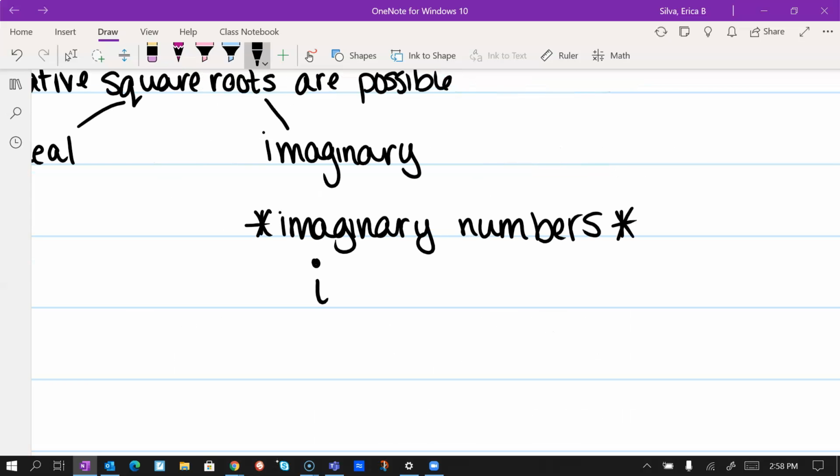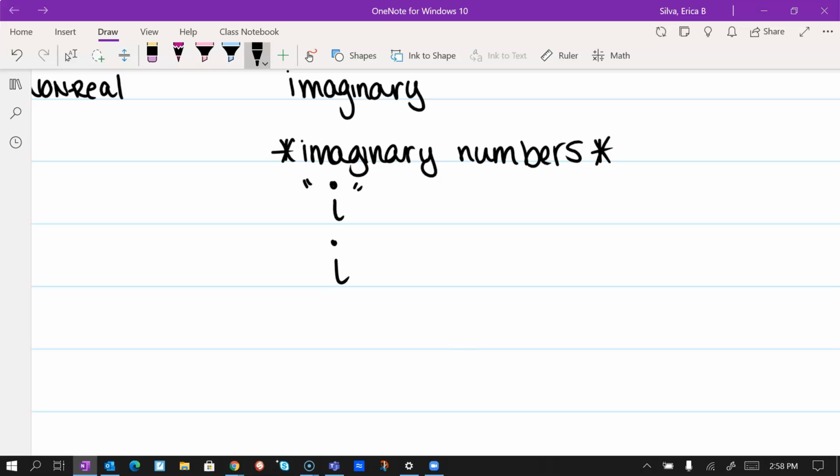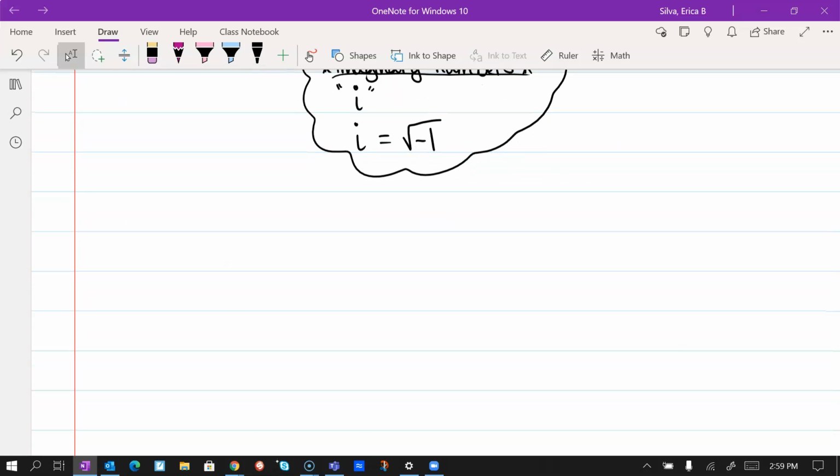We use i to represent them. So i means imaginary. And i is equal to the square root of negative 1. And from imaginary numbers, we can get complex numbers.